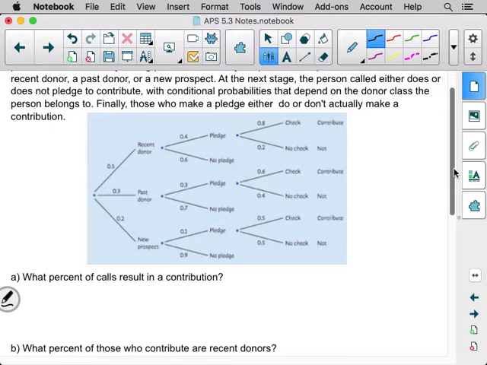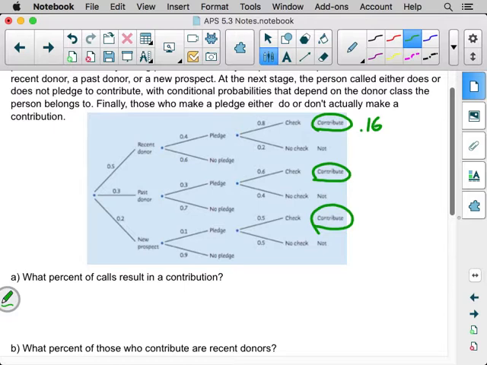All right, well, I see three ways of ending up contributing, right? Can everybody see that? Three ways that we can end up contributing. How would I find the probability a recent donor makes a pledge and ends up contributing? Don't you just multiply down your branches, right? So for the top one, 0.5 times 0.4 times 0.8, this top one has a 16% chance of happening.